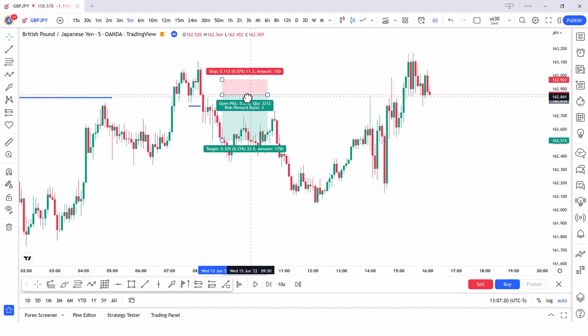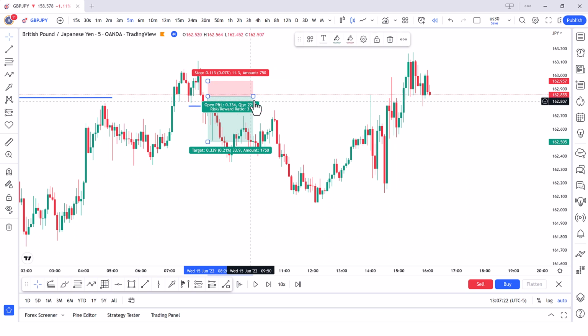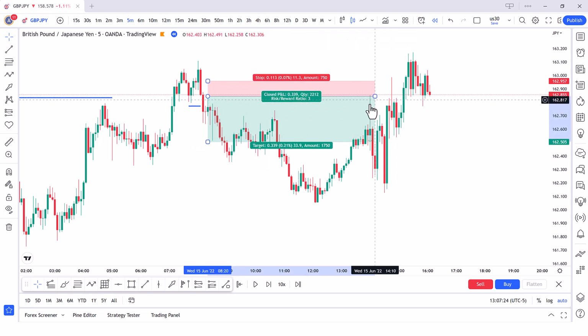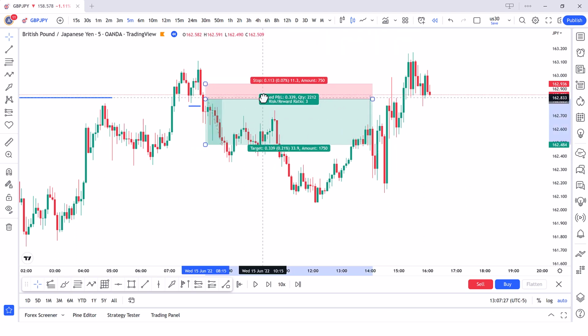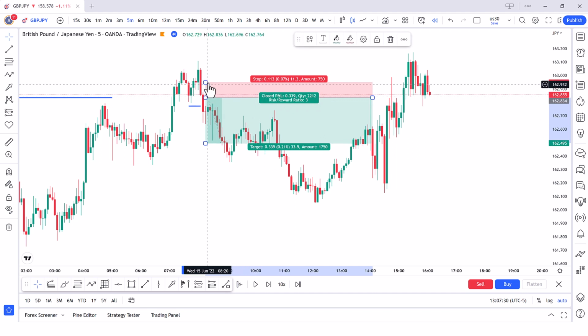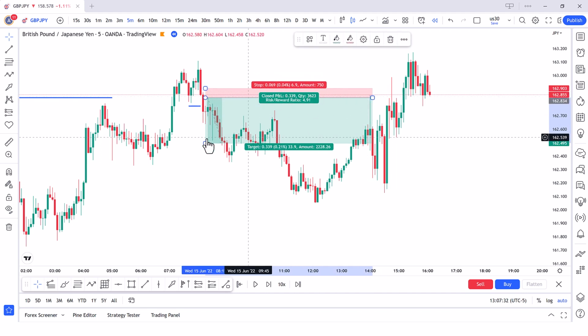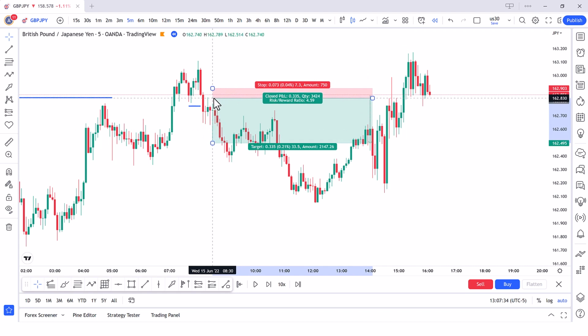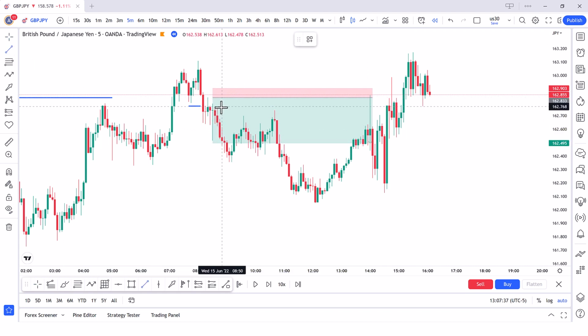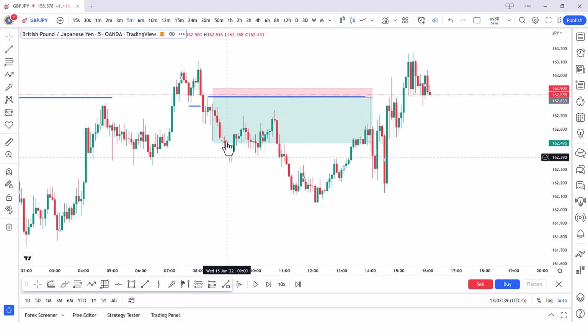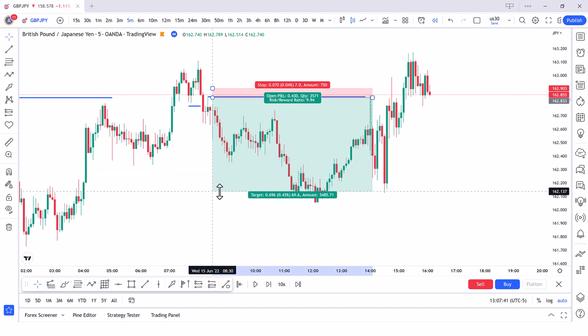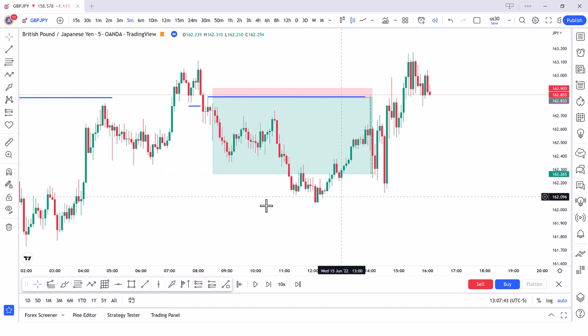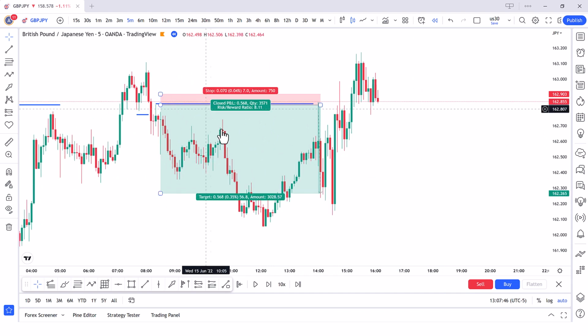Here is going to be my entry, and it's a good trade as well. So in either setup, in either way you try to capture this movement, it is going to be okay. Here is our point of liquidity, and we enter on the high of that candle, and it is going to provide us with a good reward to risk ratio.